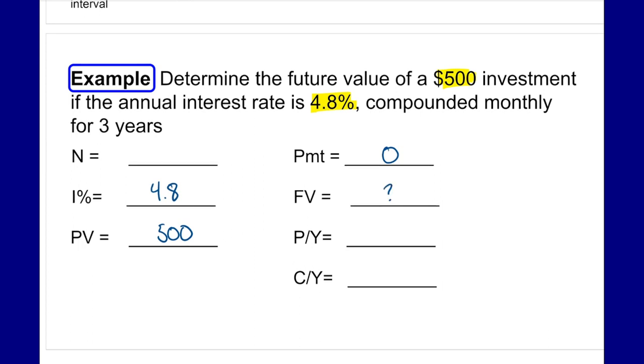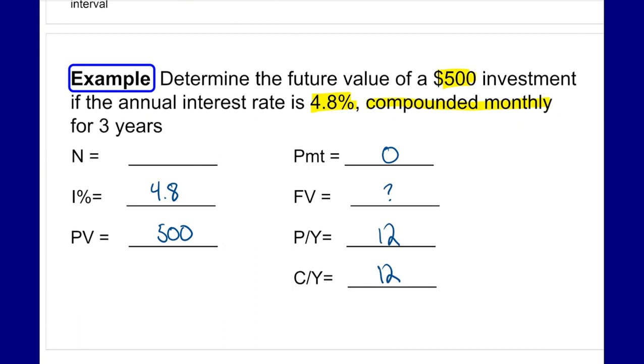Payments per year, again, it doesn't really matter what you put. You could put 0, because our payment is 0, we're not really adding anything. So we can leave it as 12, and generally, in some calculators, the PY will stay the same as the CY. In this case, our CY is 12, compounded monthly.